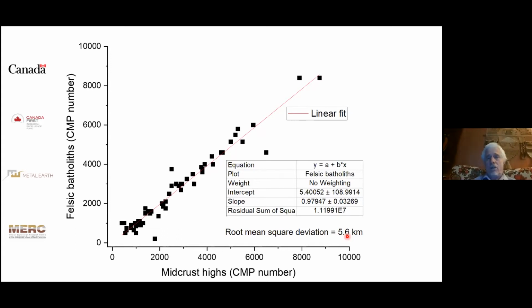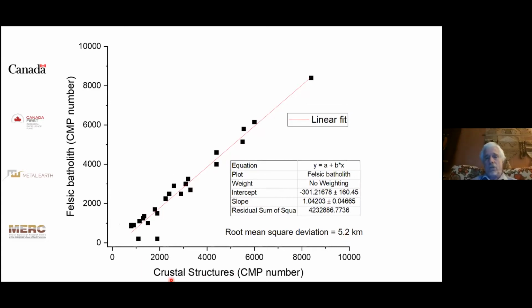So that's okay, that root mean square deviation. As well, the crustal structures and the closest associated felsic batholiths also plot on a straight line, except for a couple of locations here. And the root mean square deviation is about 5 kilometers as well.